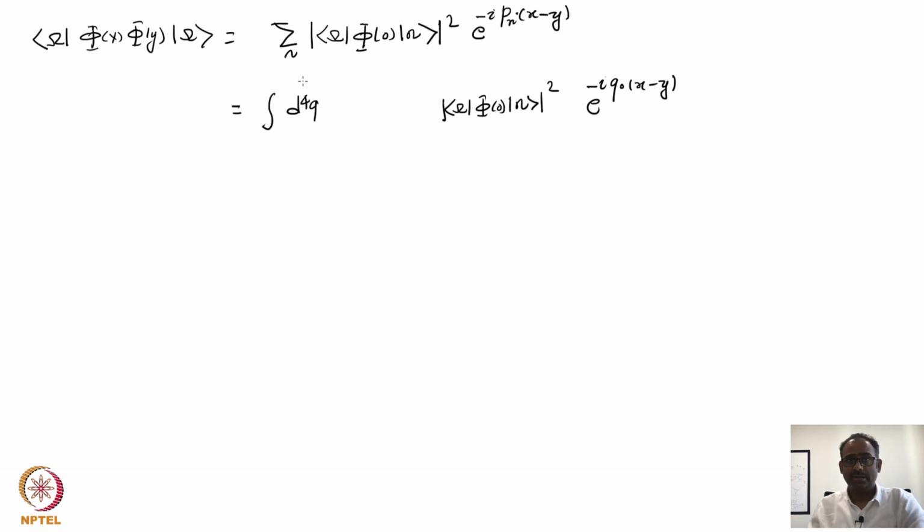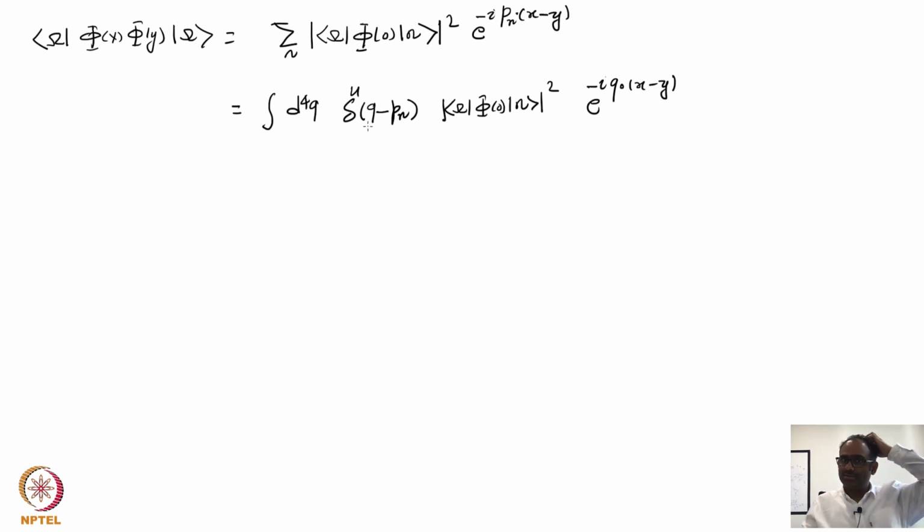Now, what should happen when I integrate over d^4q? When I integrate over d^4q, this q should get replaced by p_n. And that integral should also disappear, this measure. And how do I arrange that? I can arrange that by putting a delta function, delta^4(q minus p_n).